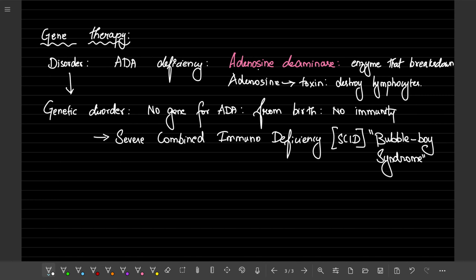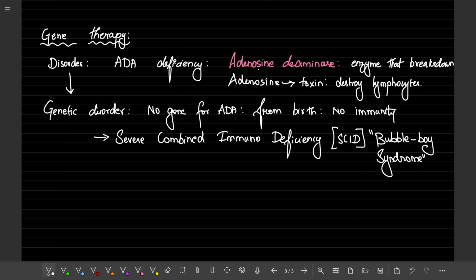Because the child born with this is always supposed to be staying inside a sterile environment. The air that is given, the food that is given, everything should be 100% sterile.